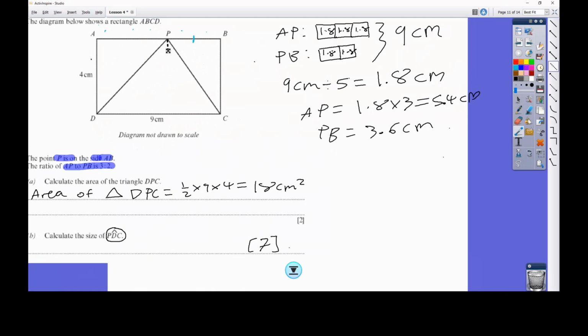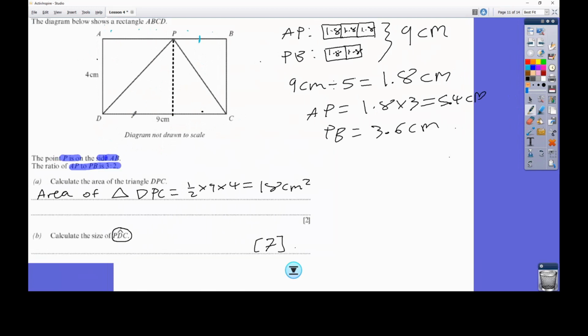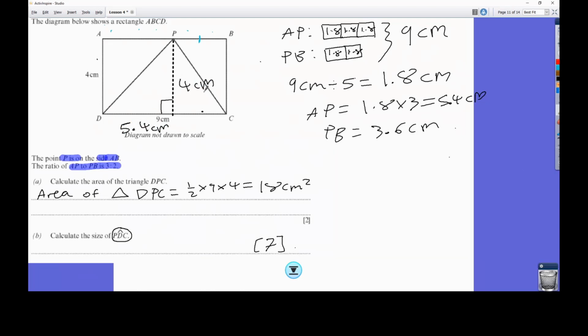So we have the vertical height of the triangle. There we have AP, which is the same as this here, on the bottom, 5.4 centimeters. We know this vertical height is 4 centimeters, and we don't know anything else. We just want to work out the angle alpha, PDC.